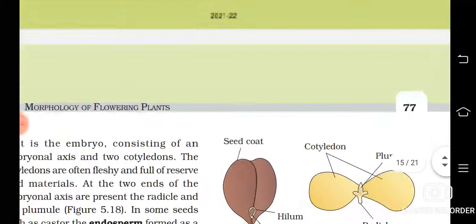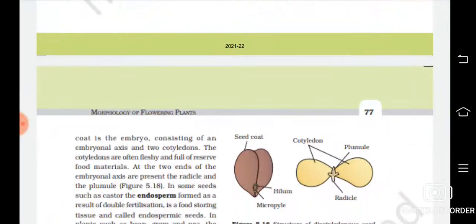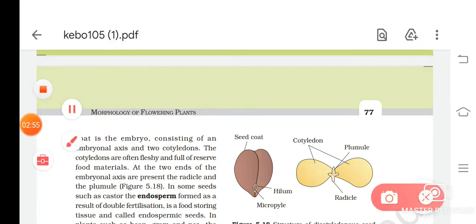And within the seed, if you see, it has an embryo consisting of an embryonal axis and two cotyledons. You can see here the embryonal axis, and then two cotyledons. What is the speciality of cotyledons?